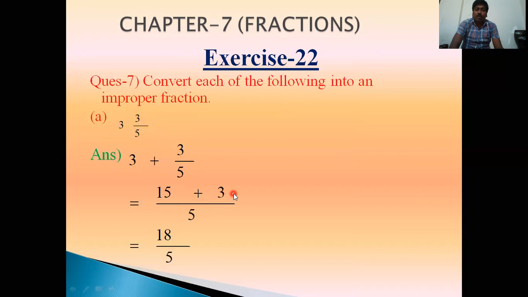So 15 plus 3 makes 18, and the denominator 5 stays the same. So it is 18 by 5. In this way we can solve question number 7.